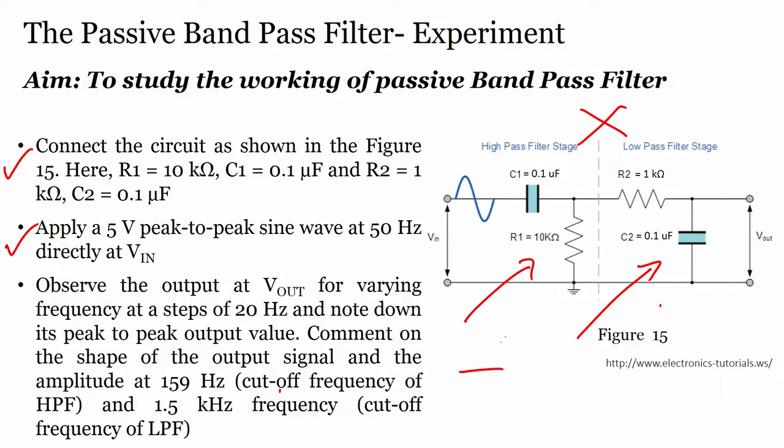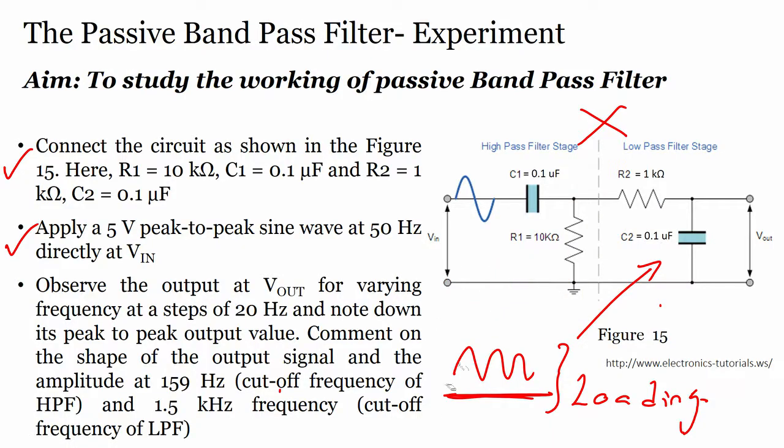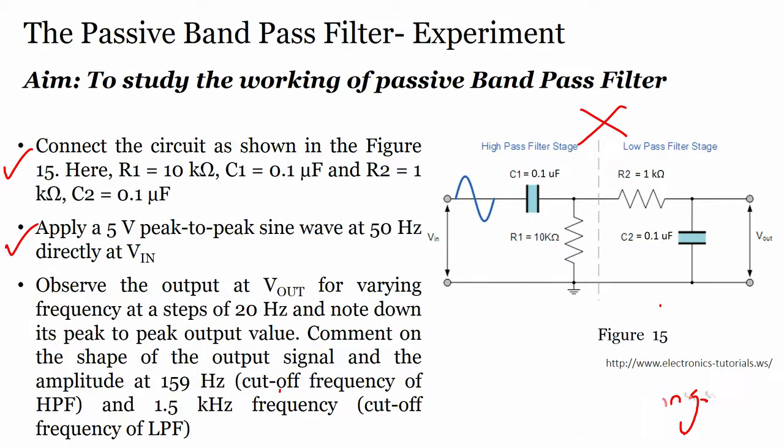The output signal follows the input signal with a voltage which is smaller than the input signal, and it is difficult to delineate which band of frequency is allowed to pass and which band is not allowed to pass because of the effect of loading. All right, so this is our comment when we are using the band pass filter in the experiment.